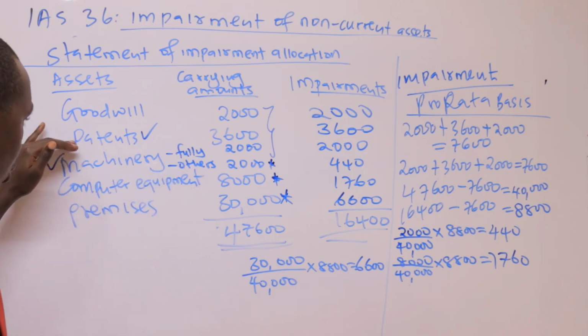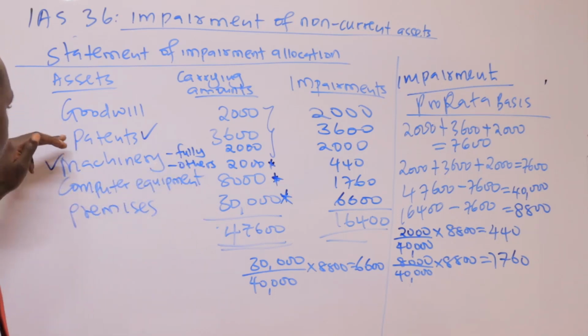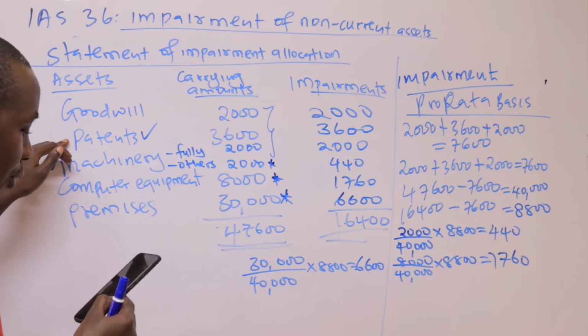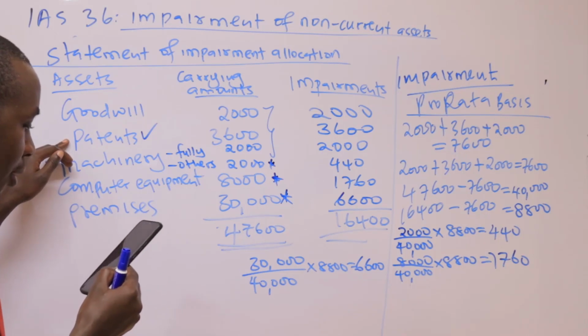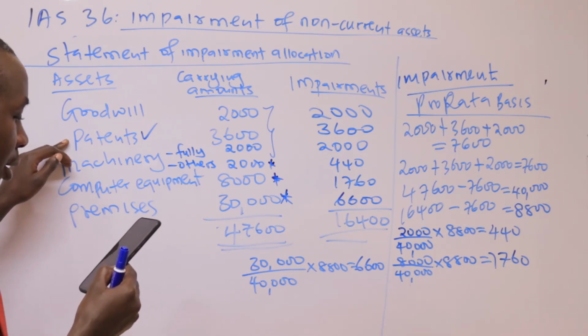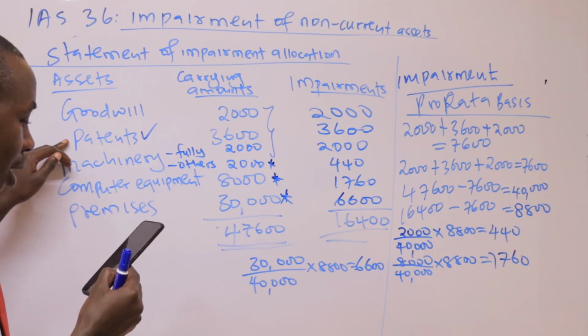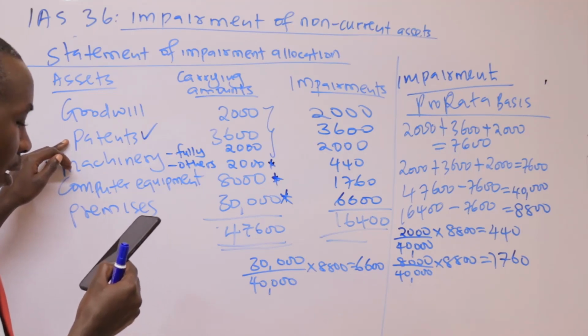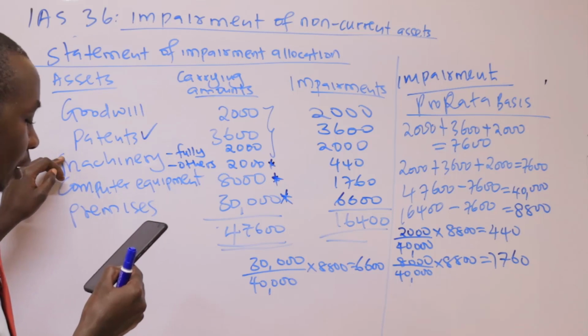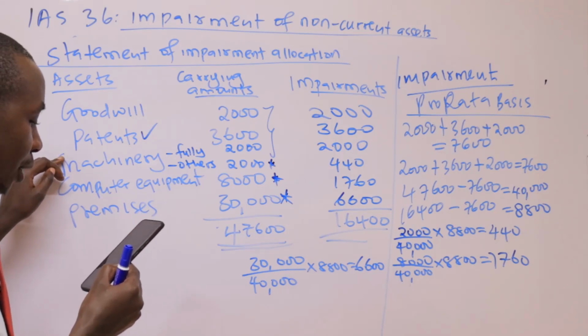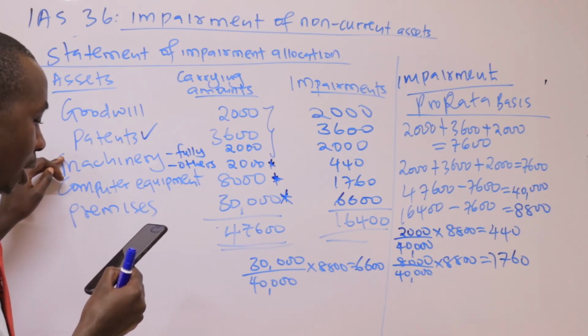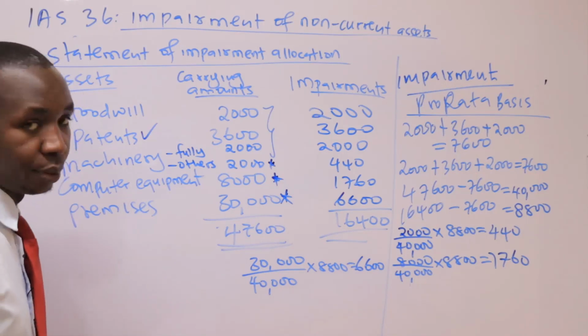Like now for the patents, you were told that they are supposed to be impaired fully, due to additional information number 3, that the patents have been superseded and now considered worthless. Half of the machinery also, information is provided that it has been destroyed and has no resale value.